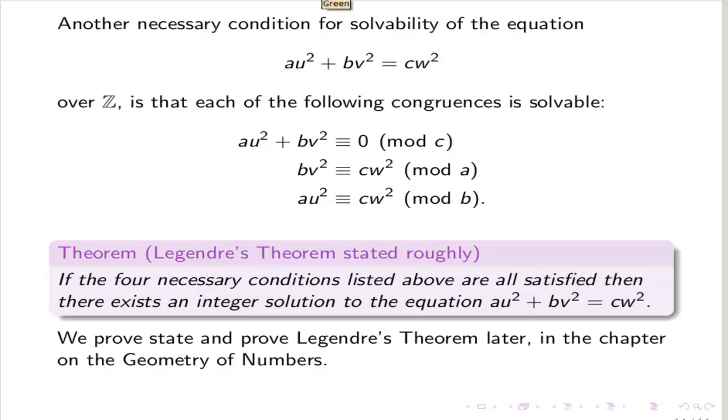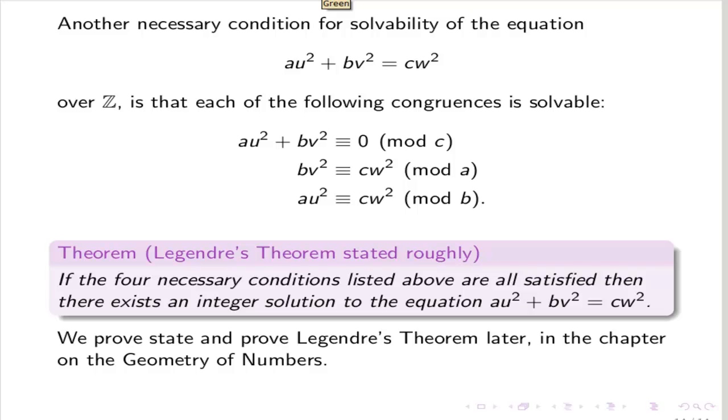Another necessary condition for solvability of this equation in integers is that each of the following congruences is solvable. So I take the equation and I just view it mod c to get au squared plus bv squared is congruent to 0 mod c.